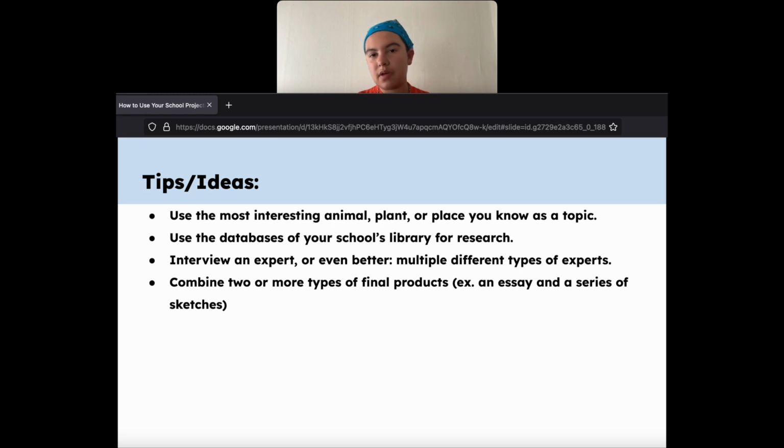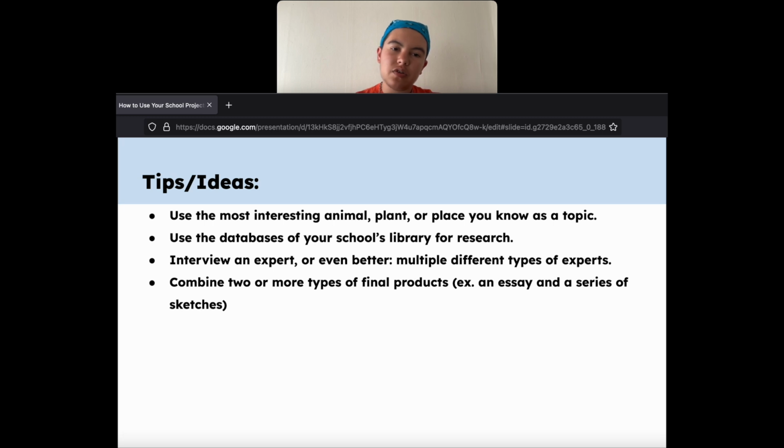And just for some general tips and ideas that can apply to a lot of these different projects, if you're having trouble thinking of a topic to use, you can use the most interesting animal, plant, or place as a starting point to start researching that, see if there's anything that catches your eye, go from there.